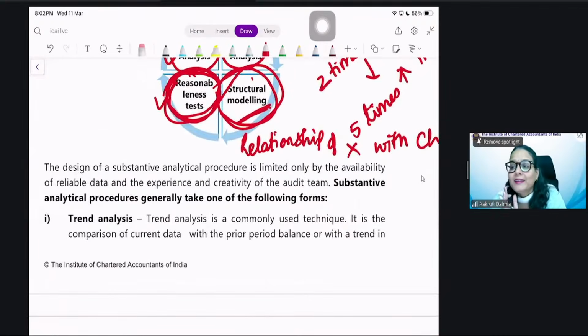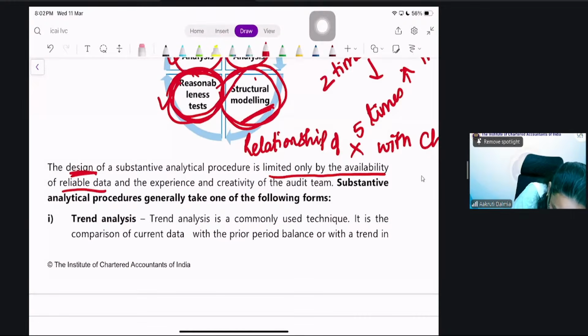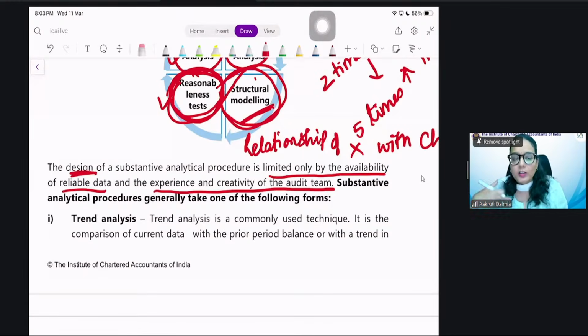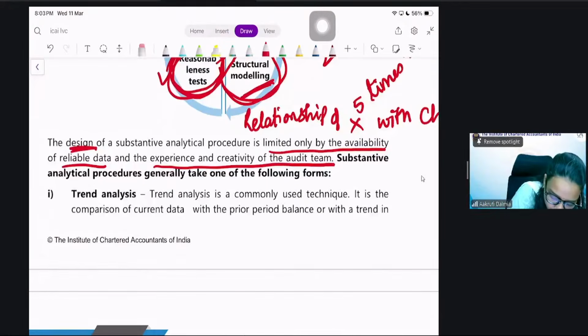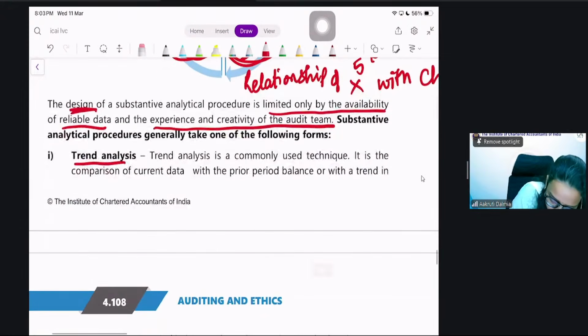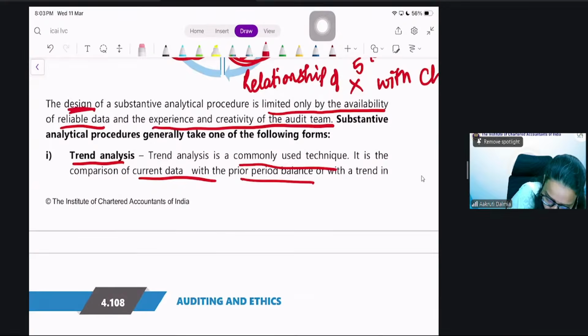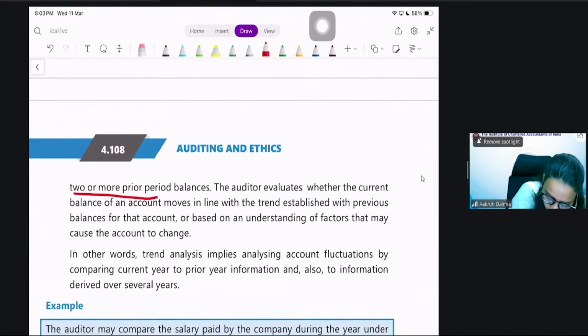But just remember, analytical procedure is purely creativity. If as an auditor you are experienced and you have a lot of creativity, you will do substantive procedure better. So design of substantive procedure is limited only by availability of data and experience and creativity of the audit team. The more creative you are, the better you will be able to do these. So substantive analytical procedure can be trend analysis, most common, current data with prior period, one or more prior periods.